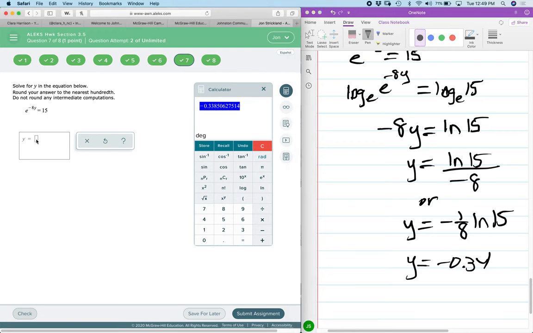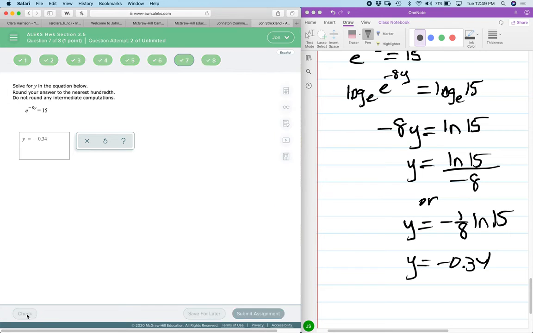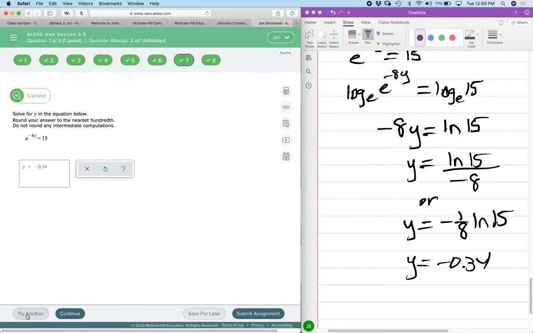And so just plugging in, for y we have minus 0.34, and upon checking the result, we are correct.